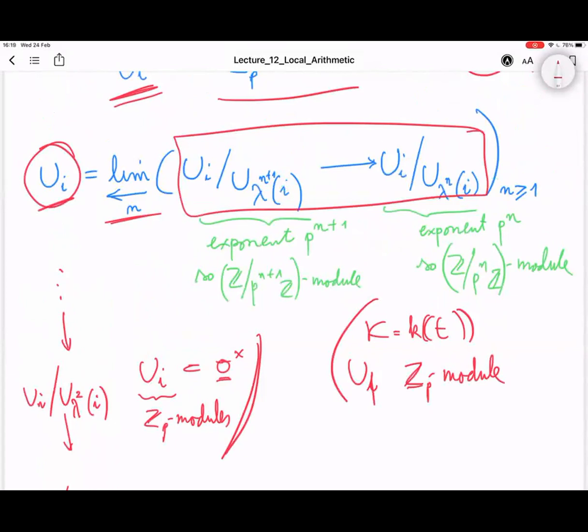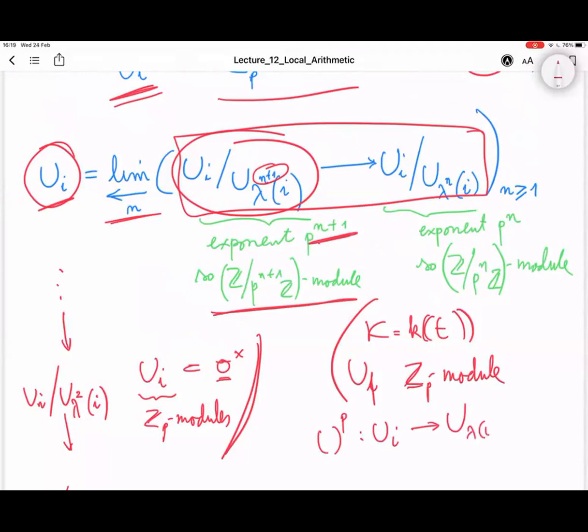But in this inverse system, when I have the term corresponding to n plus 1, this group has exponent n plus 1. Because basically everything follows from the fact that the raising to the power p map takes U_i into U_{λ i}.